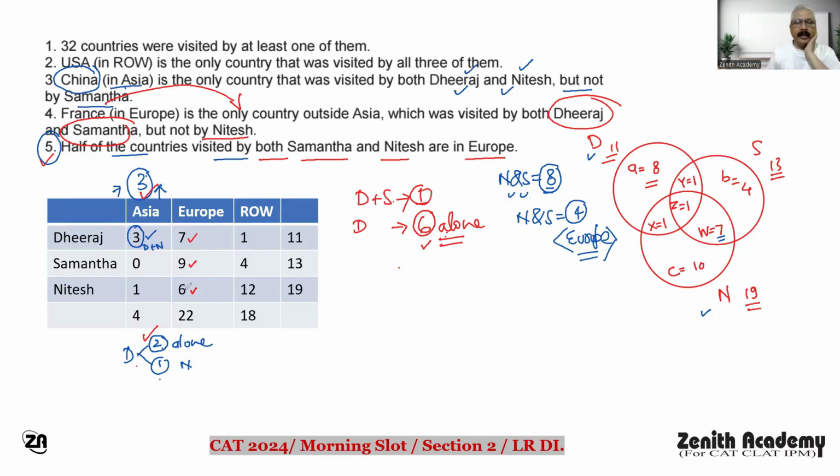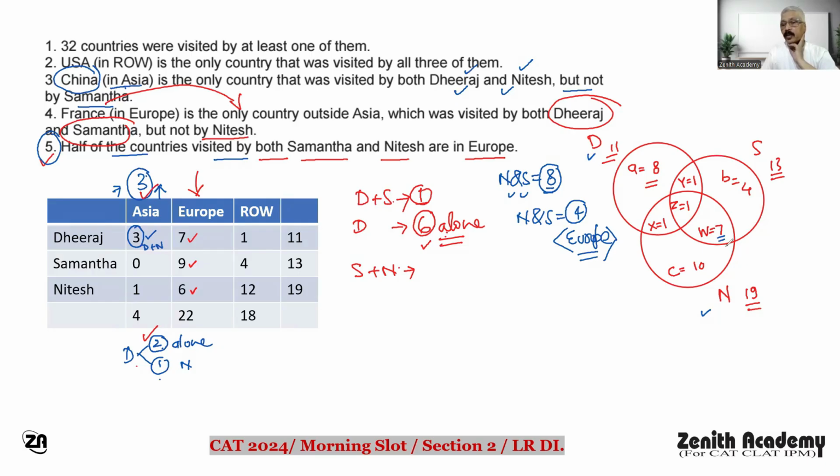Now look, Samantha and Nitesh. It is given here that Samantha and Nitesh visited 7 countries together. Here it is a question of Europe, right? This is the total number of countries where Nitesh and Samantha went together.